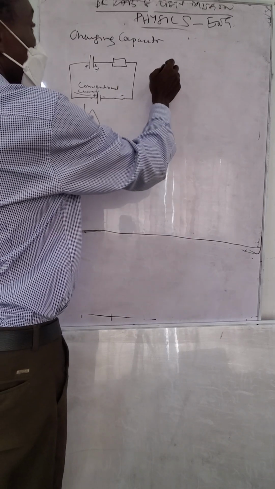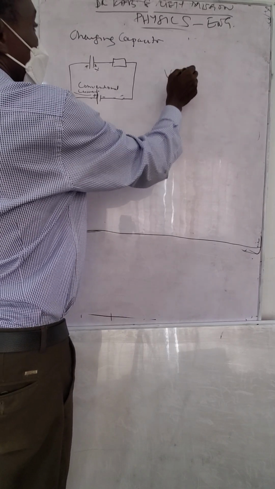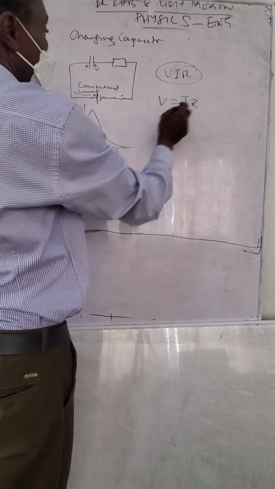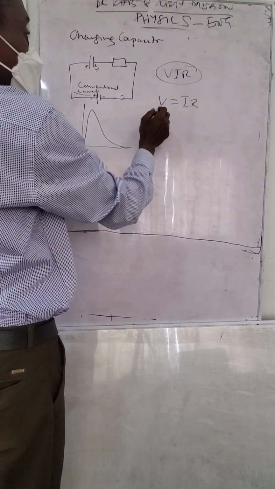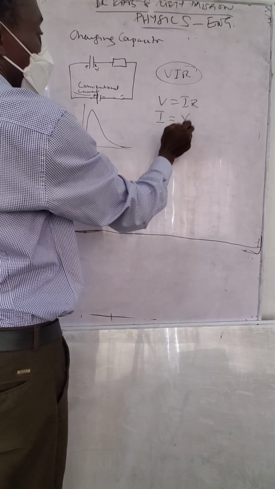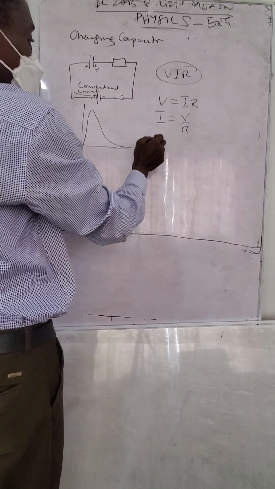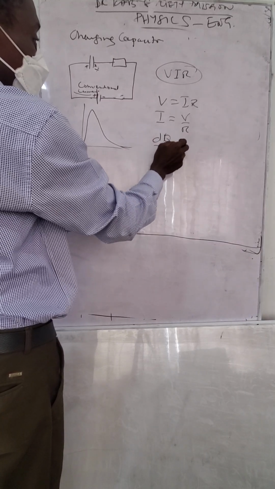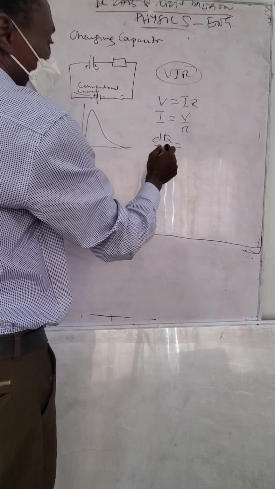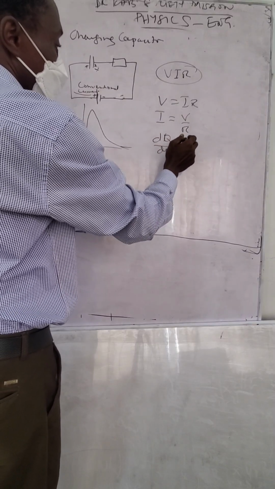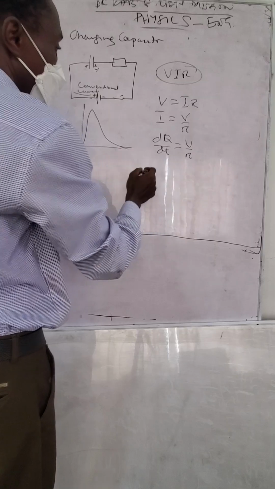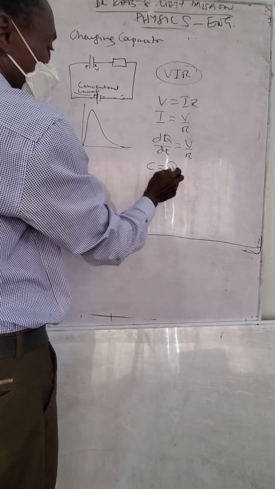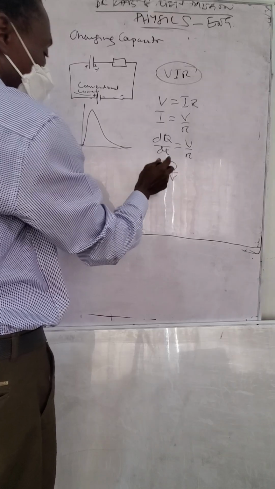We already know V is equal to I times R, so I is equal to V over R. I is also the same as Q over t, the charge building up over time. And we know our capacitance is charge per voltage.